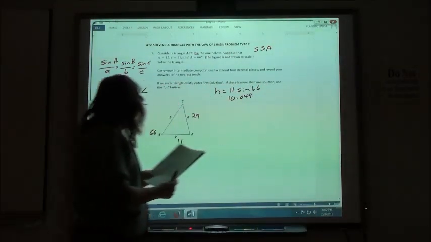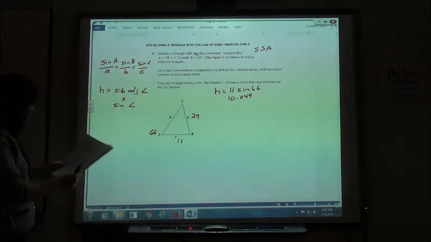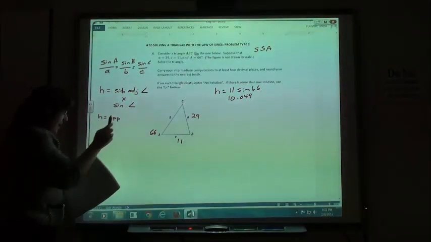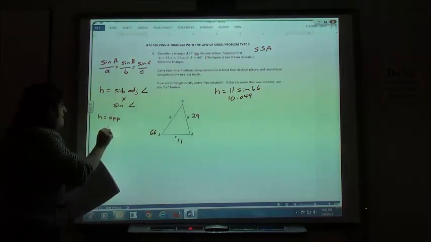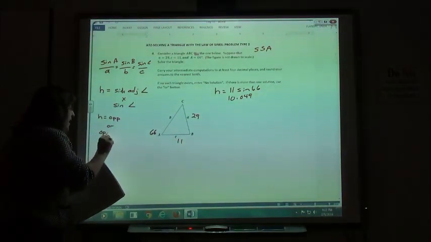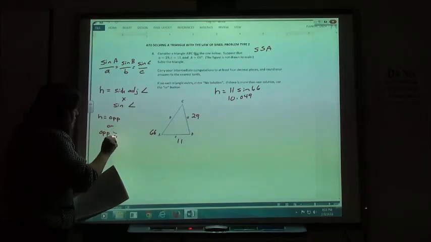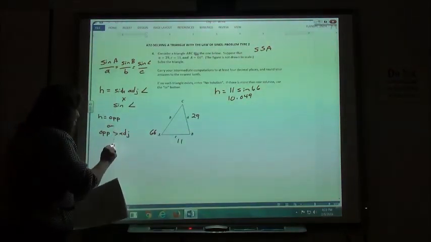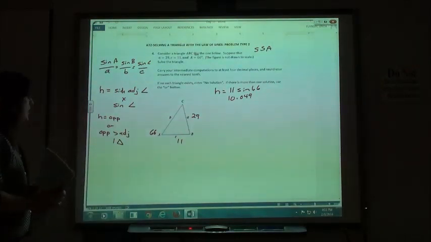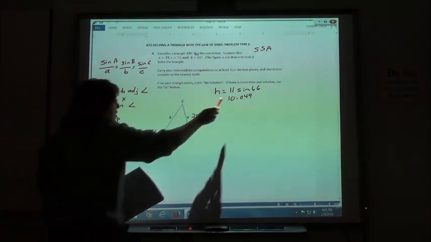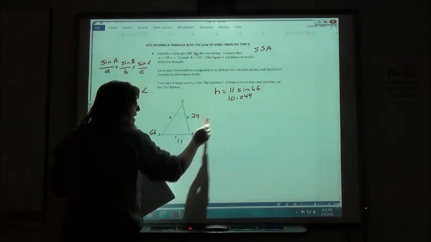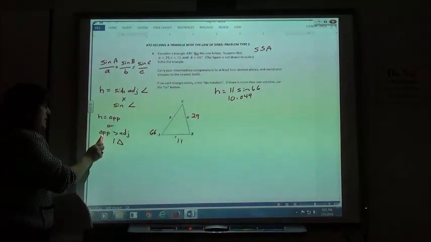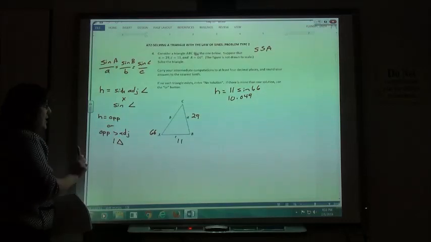So now what I'm going to do to check is I'm going to say, okay, if H is equal to the opposite side, or the opposite side is greater than my adjacent side, I'm going to have one triangle. So in this case, H isn't equal to the opposite side. It's not 29. Is my opposite side greater than my adjacent side?